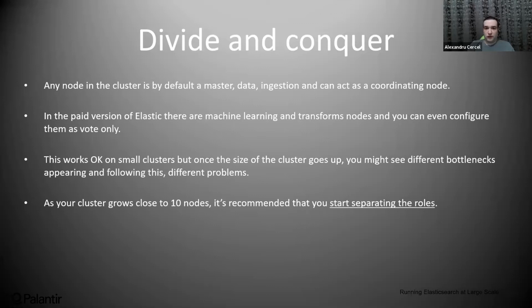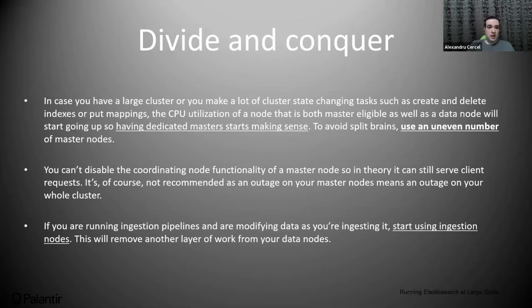Leaving a node to have all the roles works for small clusters, but as the size goes up and the activities increase on the cluster, you might see different bottlenecks appearing, and following this, obviously, different problems. So where we're looking at an Elasticsearch cluster, we're saying if the cluster gets close to 10 nodes, we're going to start separating the roles.